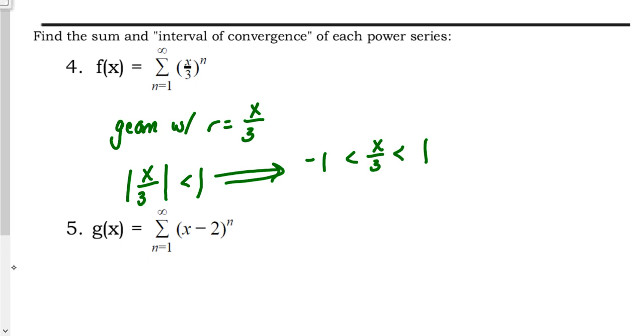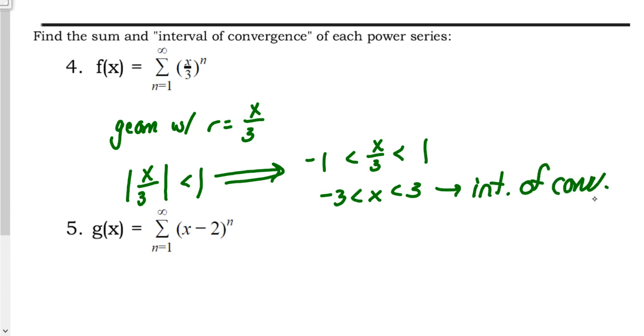If I multiply through by 3, I get that. So my interval of convergence, the values for which this series would add up to a specific thing, is between -3 and 3.